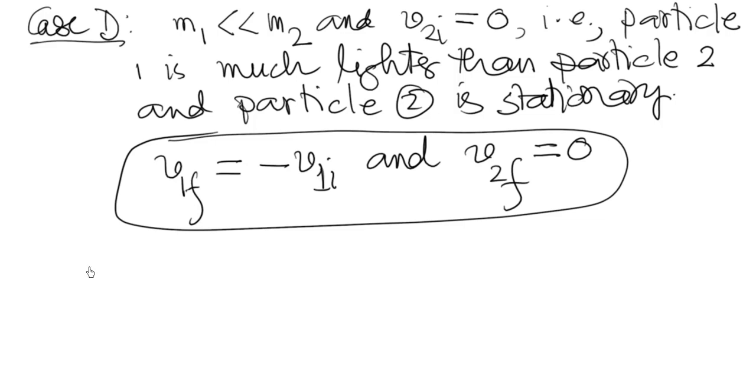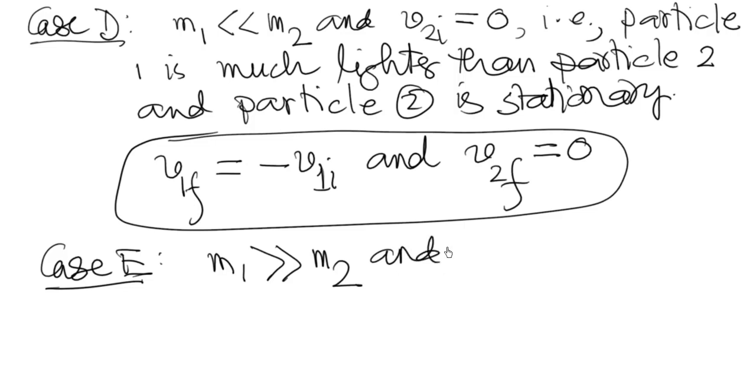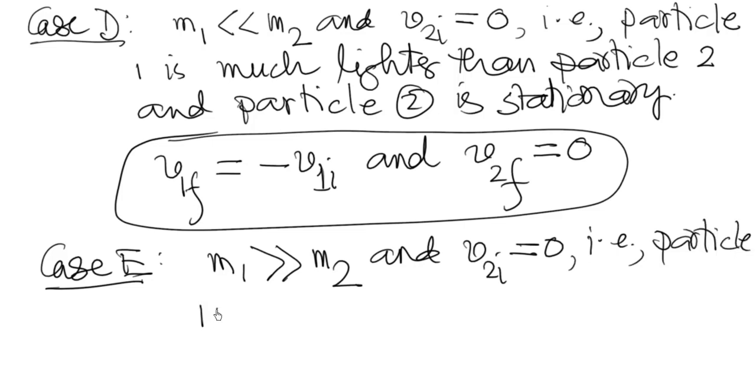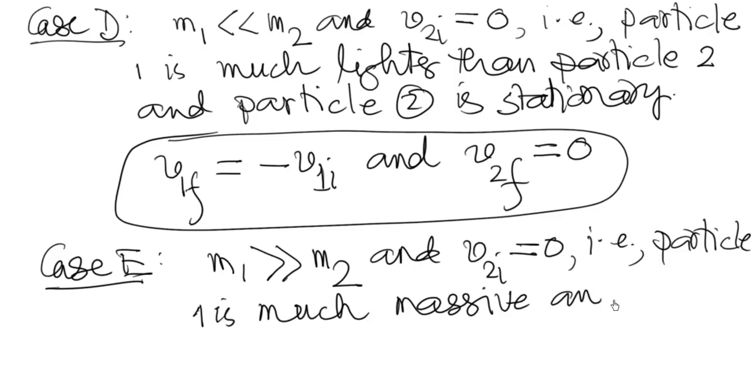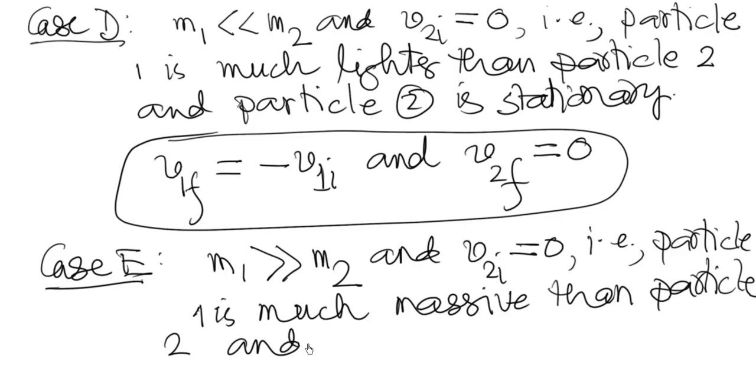Okay, now we have finally case E. Here we consider particle 1 is very massive. m1 is very much greater than m2 and particle 2 is stationary. This particle 1 is much more massive, heavier, and particle 2 is stationary.